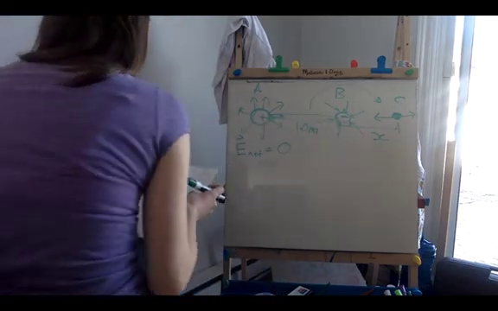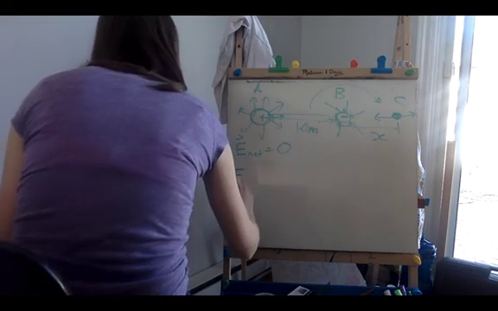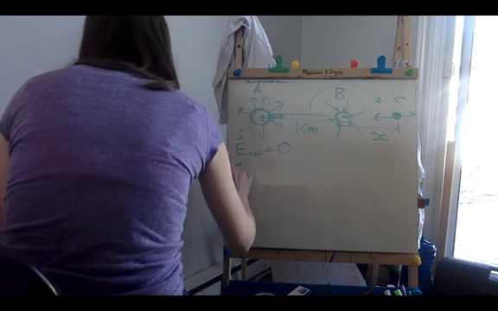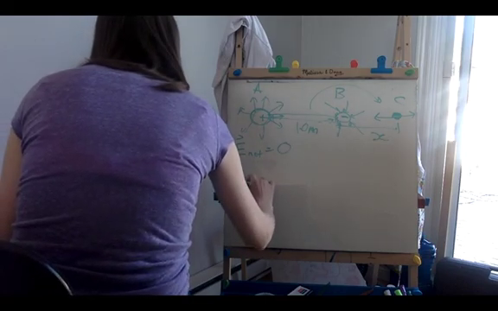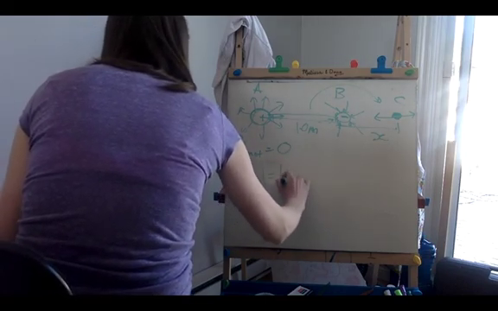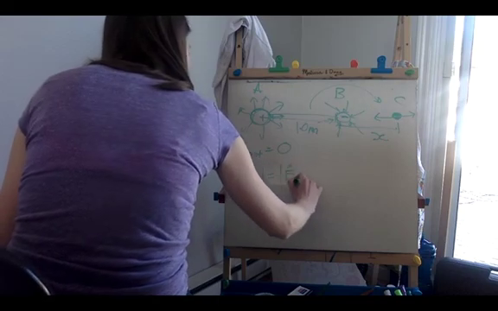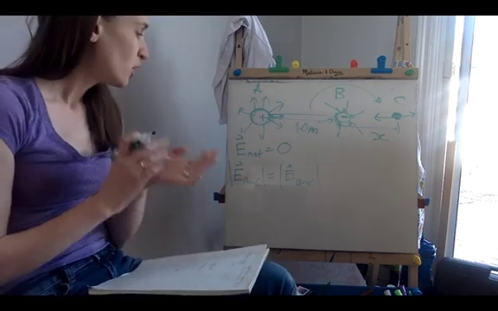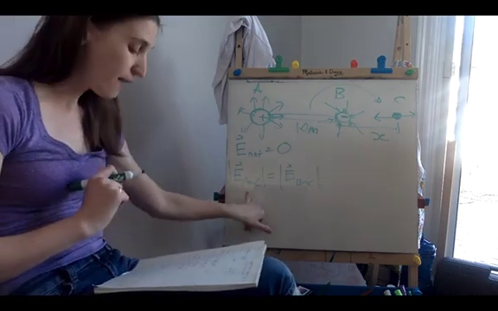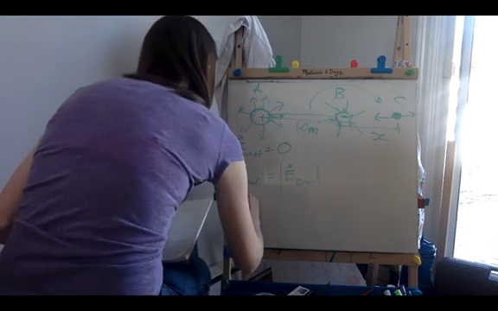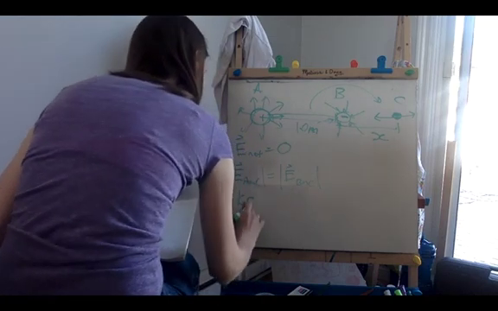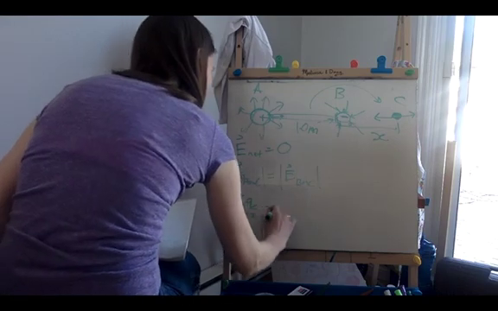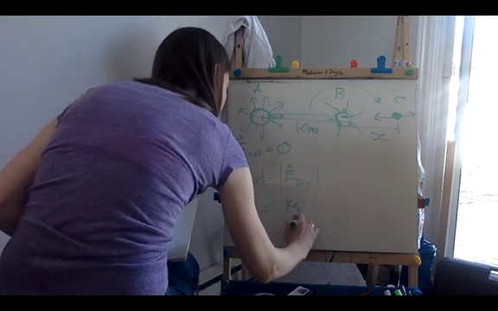So we want to set up where the electric field intensity, taking only the absolute value aspect of it, of A on C equals the electric field intensity of B on C. Again, we have formulas for this. This is our kQ over r squared, and this is also kQ over r squared.